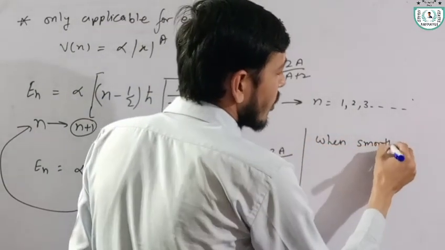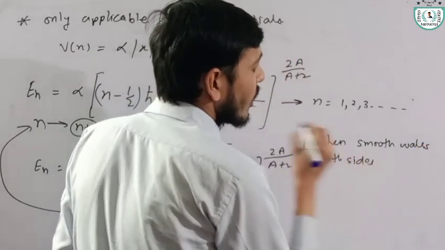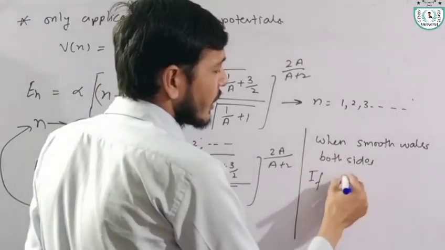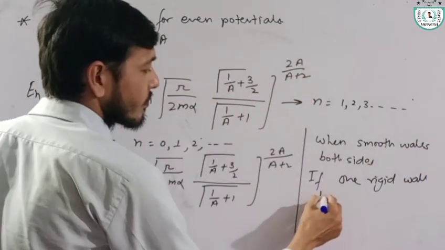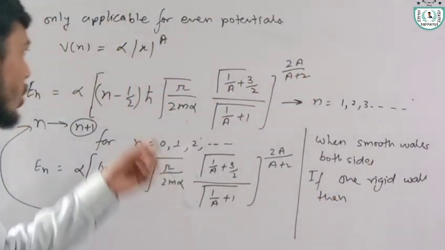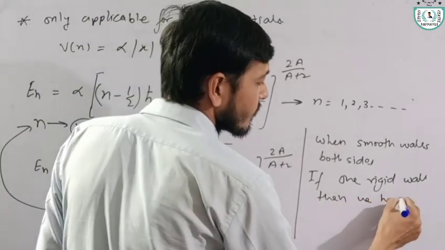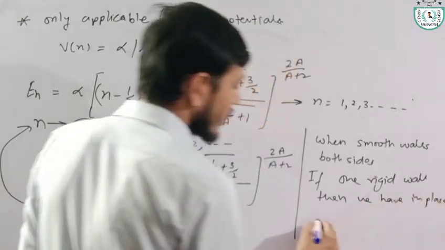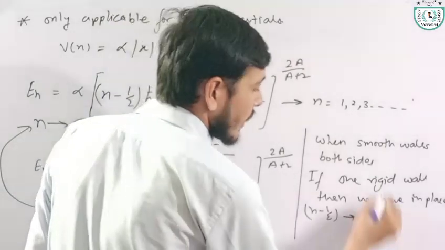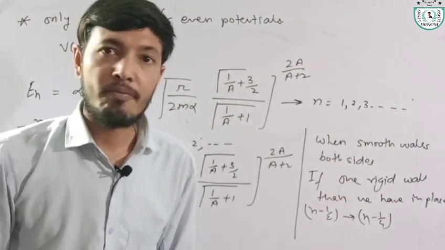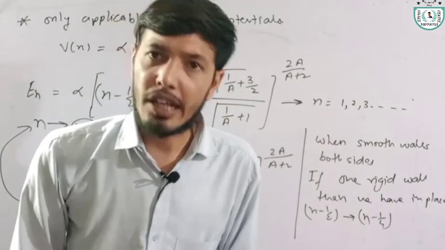If there is one rigid wall, then in place of n − 1/2 we have n − 1/4. This is the trick, and after applying it we can solve any problem in just 30 to 40 seconds.